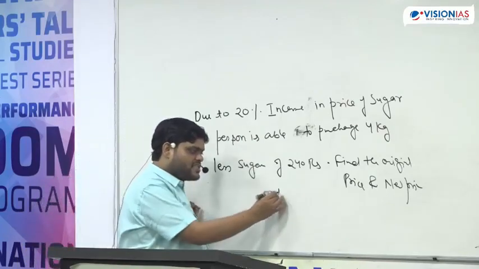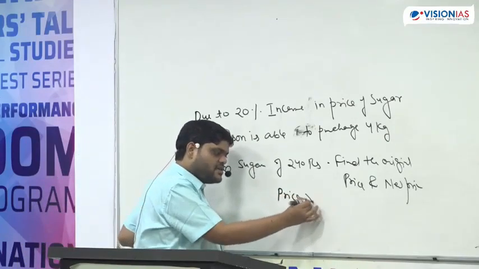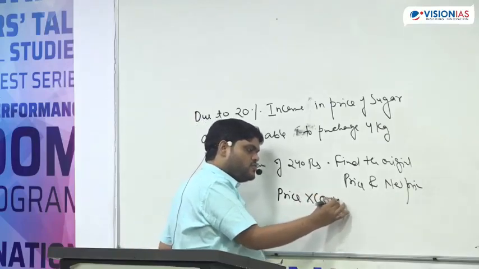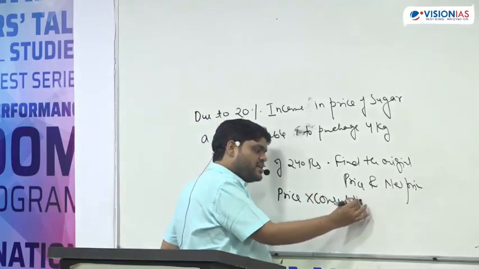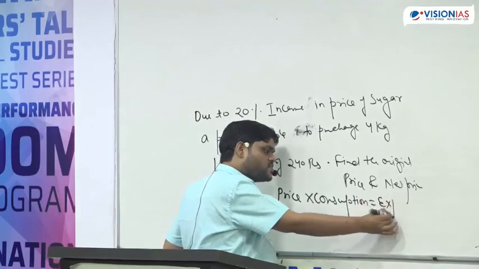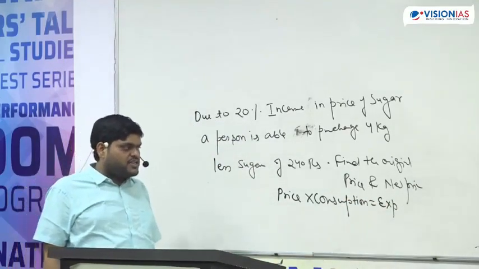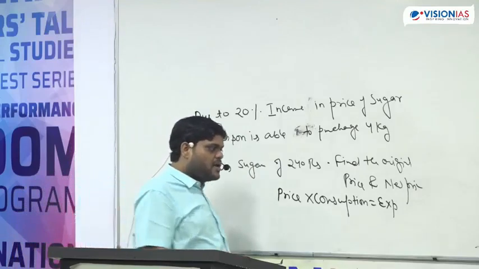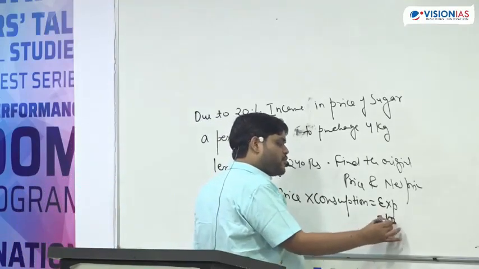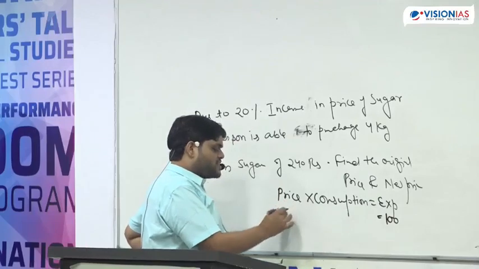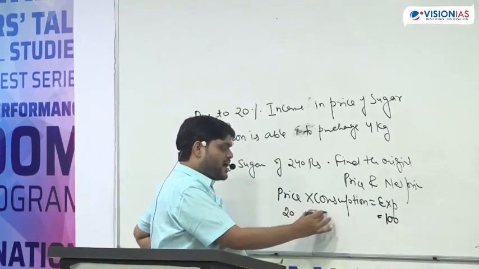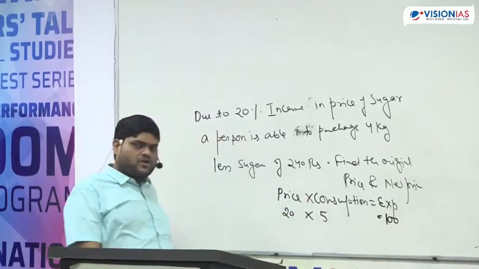I told you one thing, the price into consumption is equal to expenditure. For example, suppose a person has 100 rupees, the price of sugar suppose is 20 rupees, now he can consume 5 kg sugar or not?